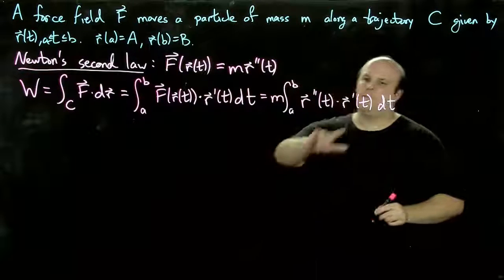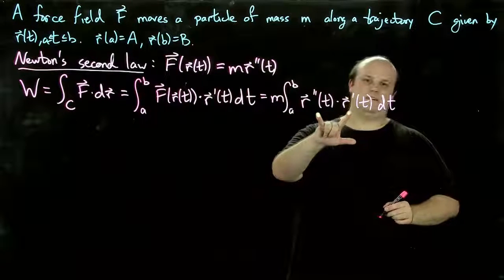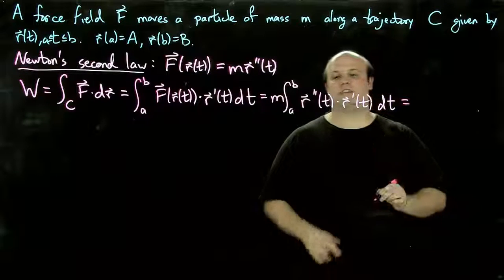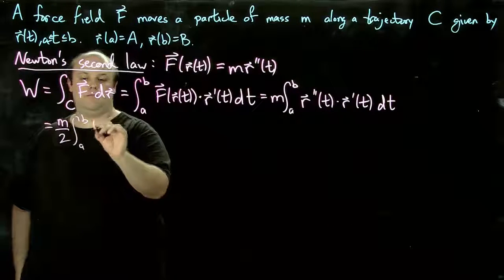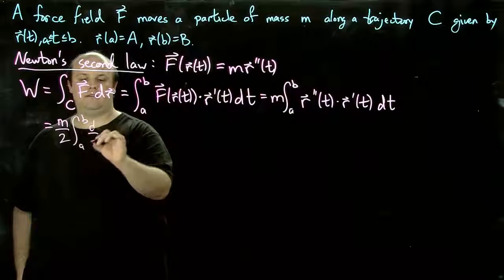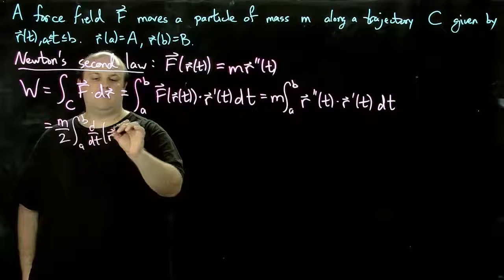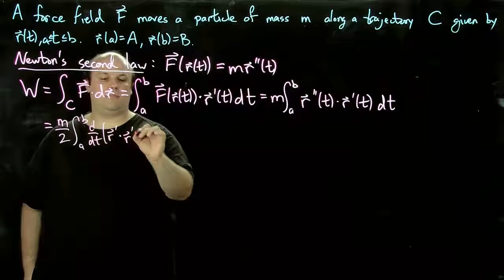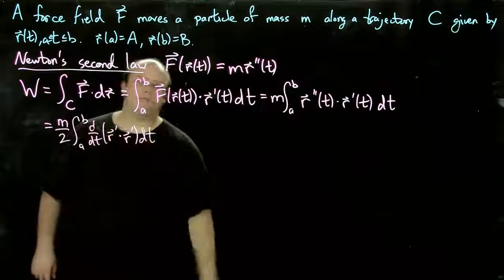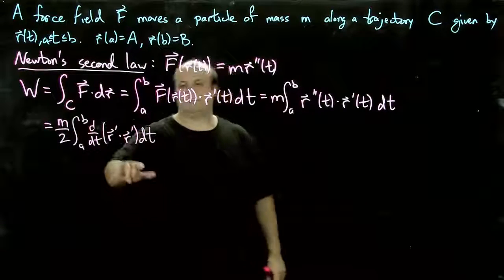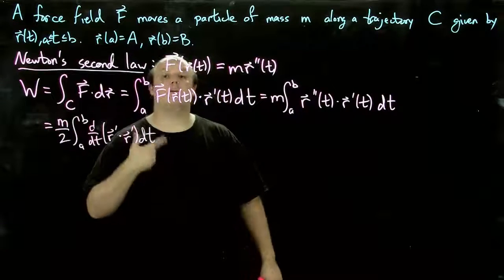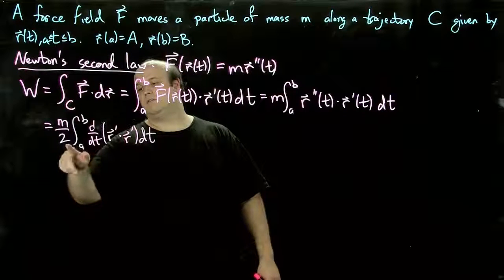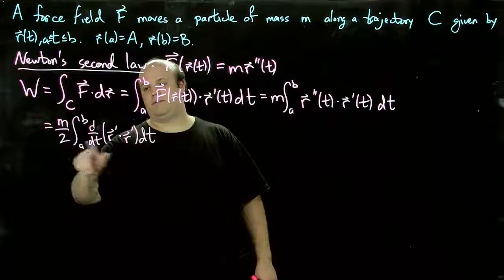But this is a very special dot product here, because this is actually the integral from a to b of d/dt of r prime dot r prime. Right, so the product rule tells you the derivative of this is 2 r prime dot r double prime. So if we pull out the 1/2 here, we get that.